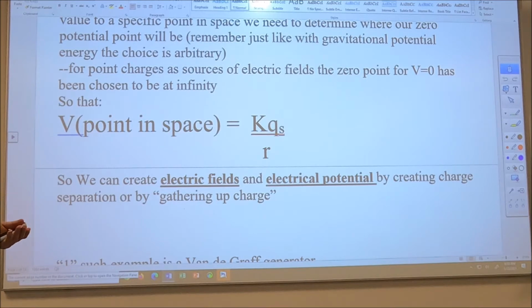If you can remember back to when you took chemistry and you looked at the energy values for electrons in the orbitals around a nucleus, you'll notice they have negative values, because electrical potential energies are negative in close, because you've got a positive nucleus and a negative electron coming in close to it.